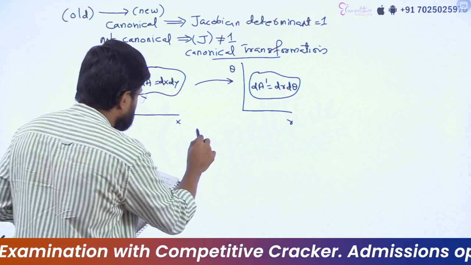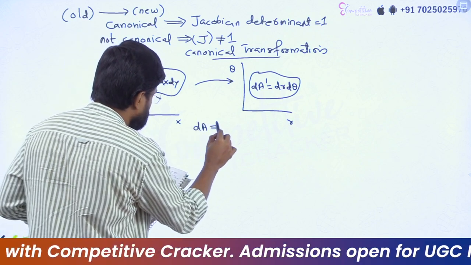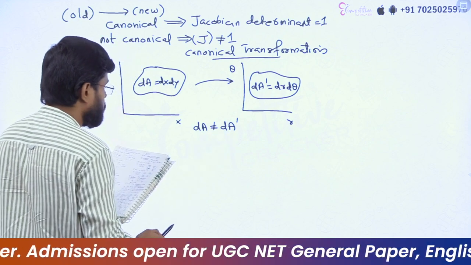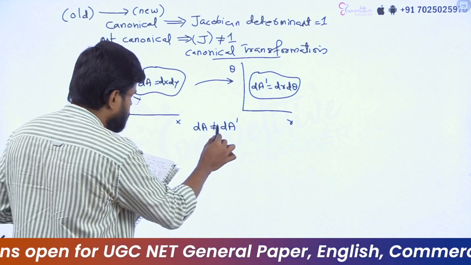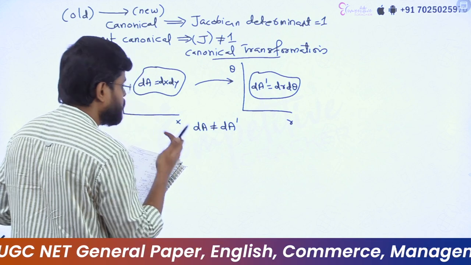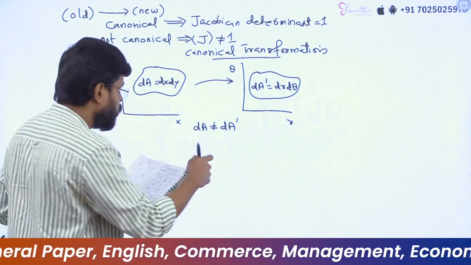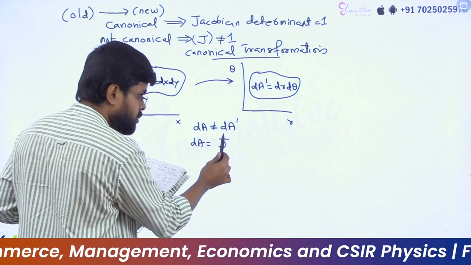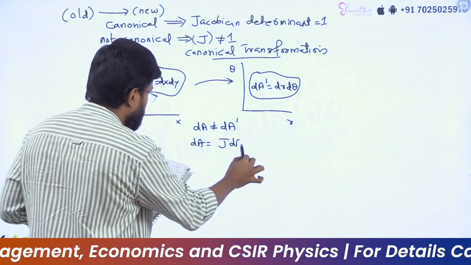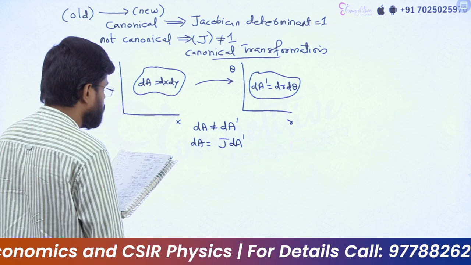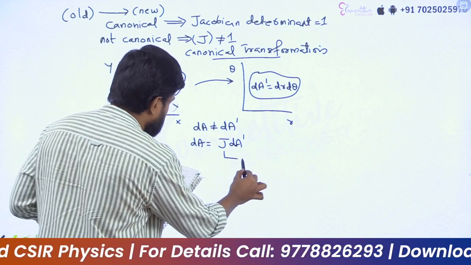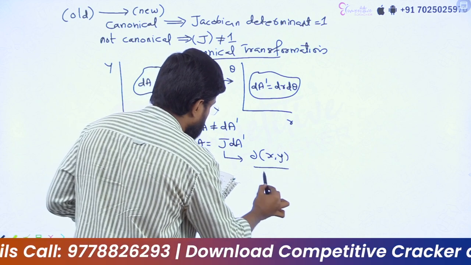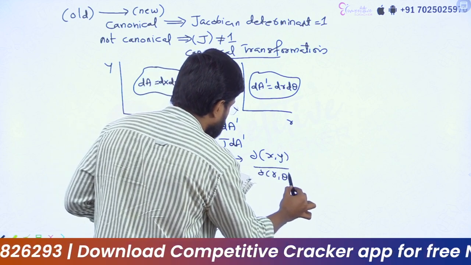We know these two areas may not be the same, so dA will not be equal to dA prime. But if you multiply dA prime with a factor, then it will be equal. So dA will be equal to J into dA prime, where J is defined as dou of x comma y by dou of r comma theta.